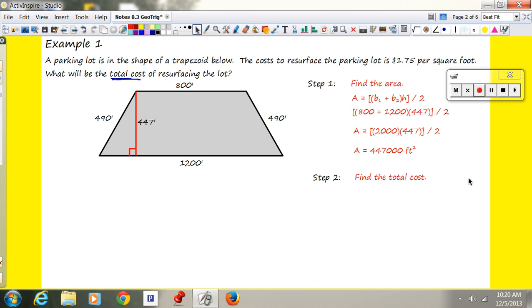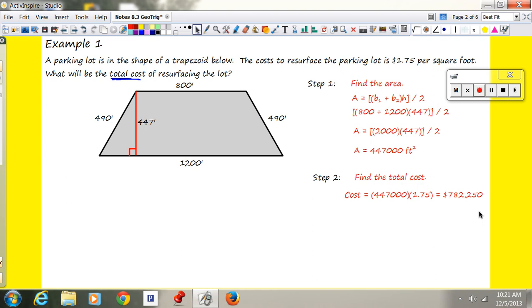To find the total cost, we need to multiply the 447,000 by $1.75, which gives $782,250. You can see that cities don't generally like to resurface things a lot unless they really need it, because it costs quite a bit of money to resurface, since parking lots are large.